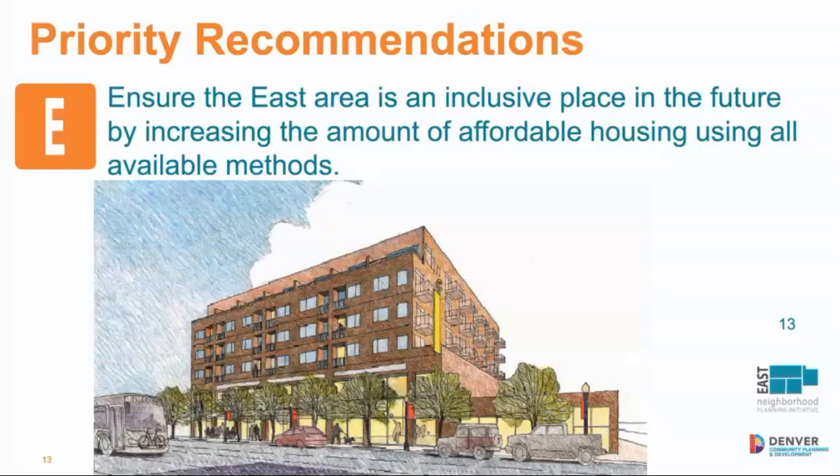Participants who have previously attended these meetings will remember some of the data we've provided on affordability in the East Area, but I want to touch on just two pieces of data that we've collected through this process. One is that over 4,000 households in the East Area, or about 1/3 of all the households in the East Area, are currently cost burdened.